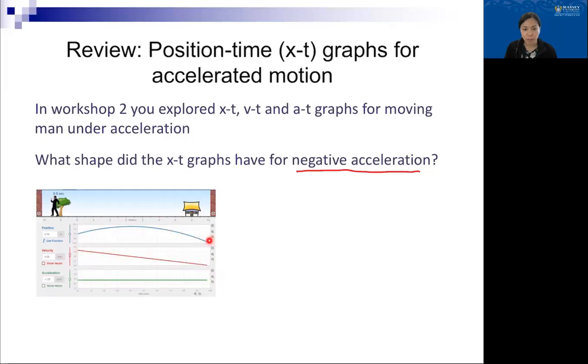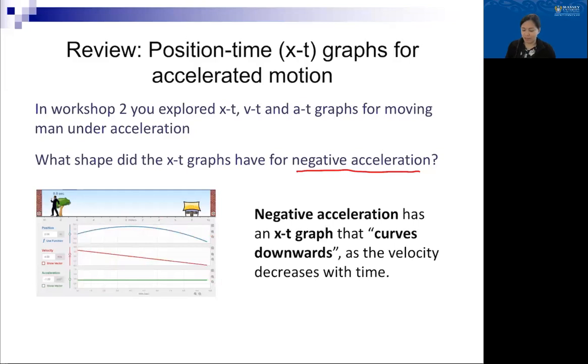So if you get the slope of this position time graph that's curved downwards, you should get this velocity time graph that's straight and pointing downwards. The reverse of the smiley face is a frowny face. A frowny face gives you a negative acceleration. So a negative acceleration corresponds to a frowny face position time graph, a curve that's curved downwards.